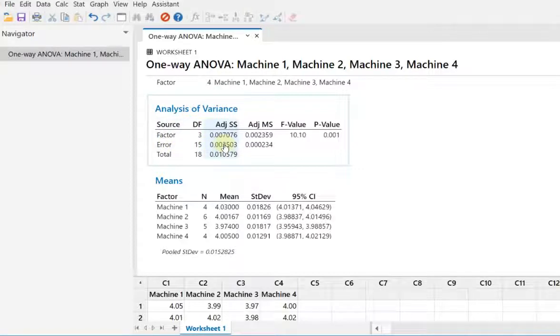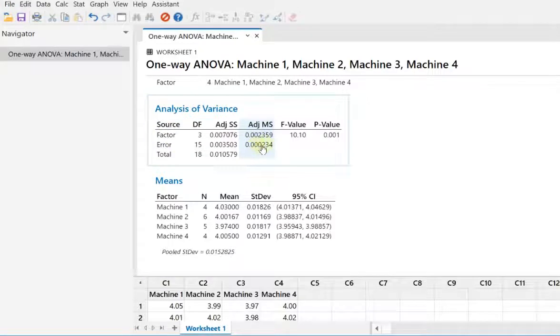You see that? Now, the mean squared actually converts these into variances. When you divide the sum of squares by degrees of freedom, you get what we call a mean squared. These are actually variances. So this is going to be the variance between, remember factor is between.